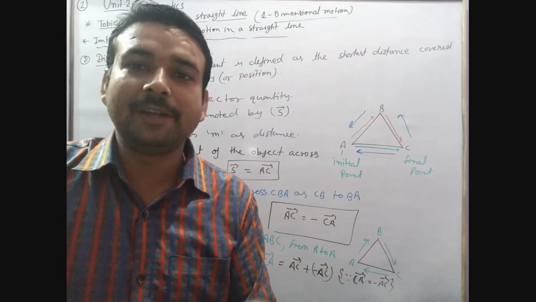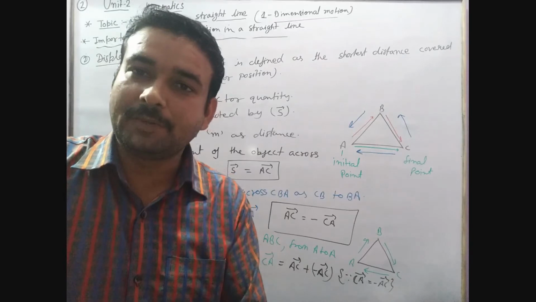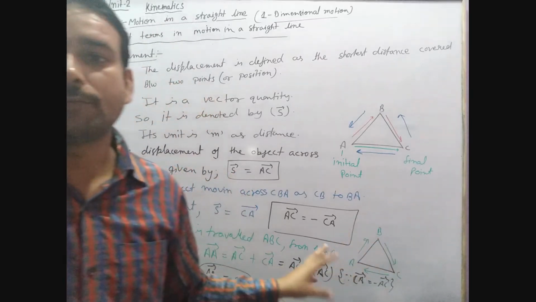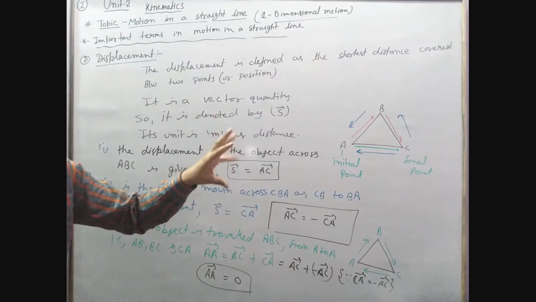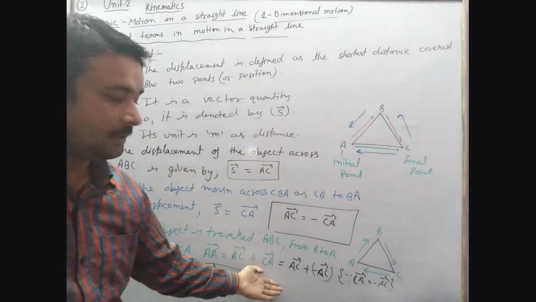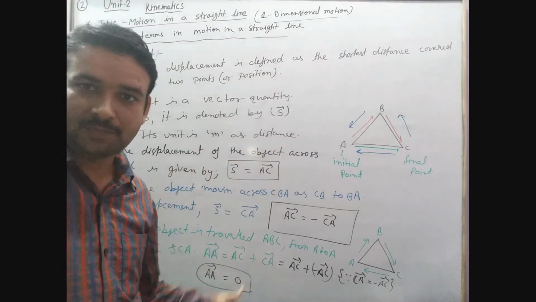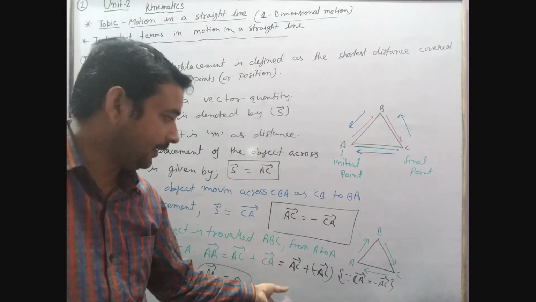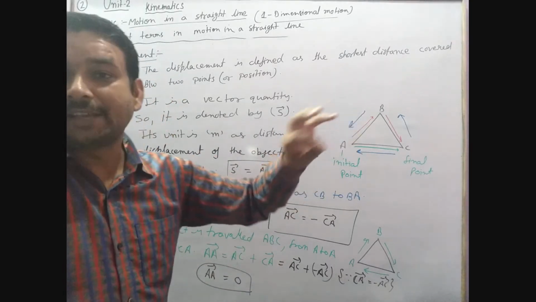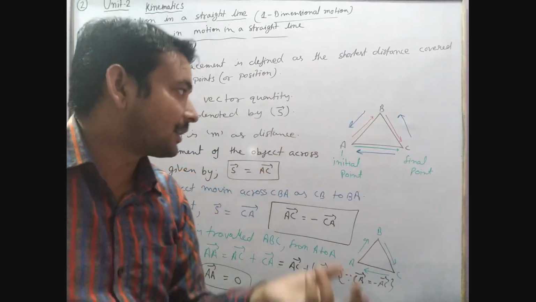But the distance is the sum of the distances, because displacement depends on the initial and final points, and the distance is the actual path covered by it.